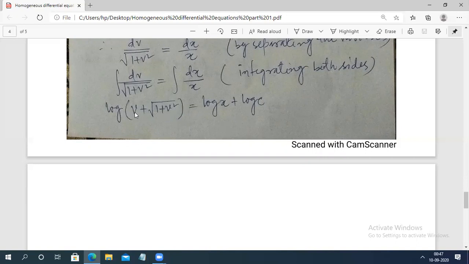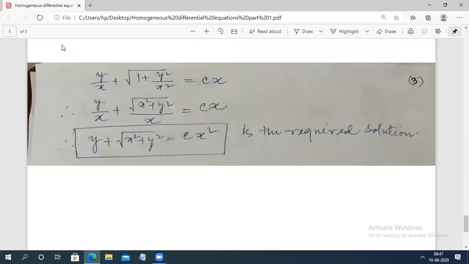So write v as y by x plus root over 1 plus y square upon x square is equal to log of cx. Clear? Then the logarithm on the left hand side and right hand side you can eliminate. So y by x plus root over x square plus y square by x is equal to cx, or you can write y plus root over x square plus y square is equal to cx square. This is the solution of the given homogeneous differential equation.